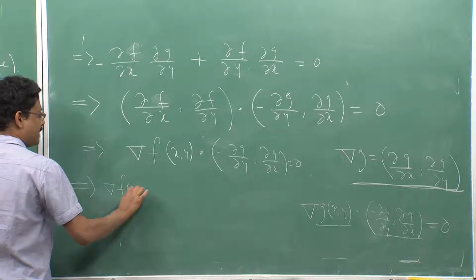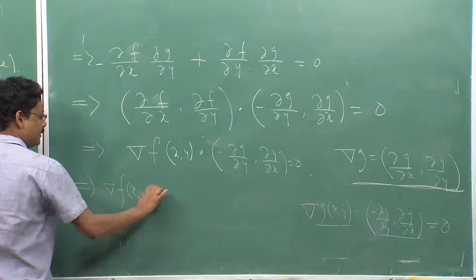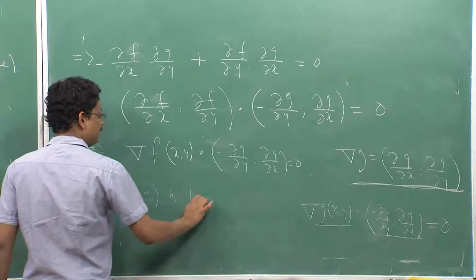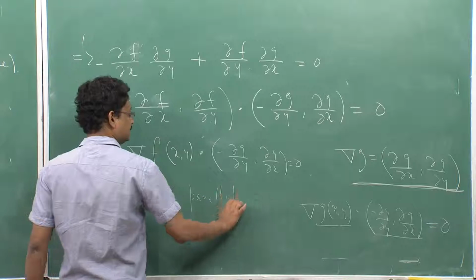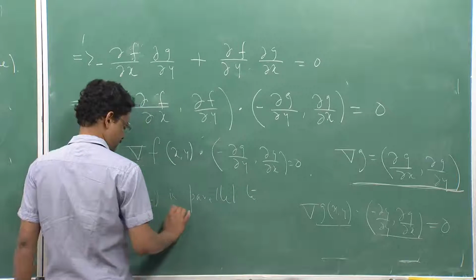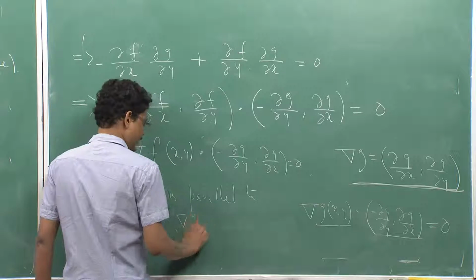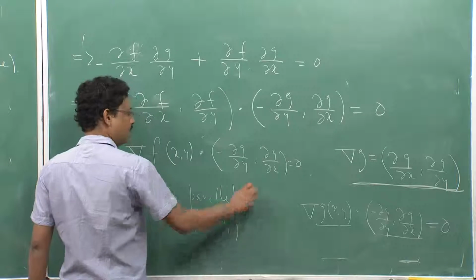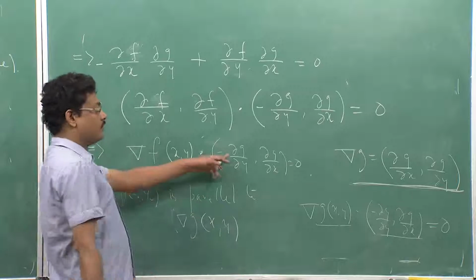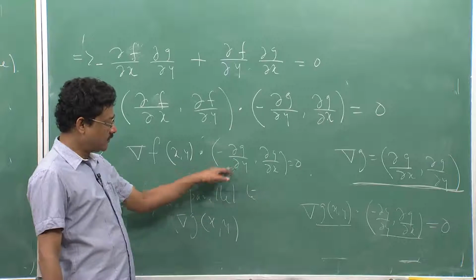So, grad f at (x naught, y naught) is parallel to the vector which is orthogonal to grad g at (x, y).